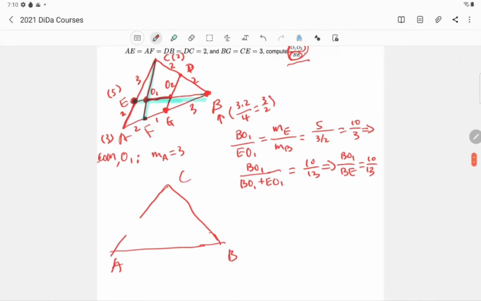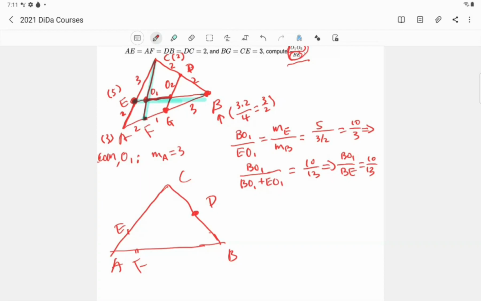So AF, and then this guy is this midpoint. In fact, I don't even need to draw CF. This time I won't draw it because it actually confused some people in deciding which point to balance around.